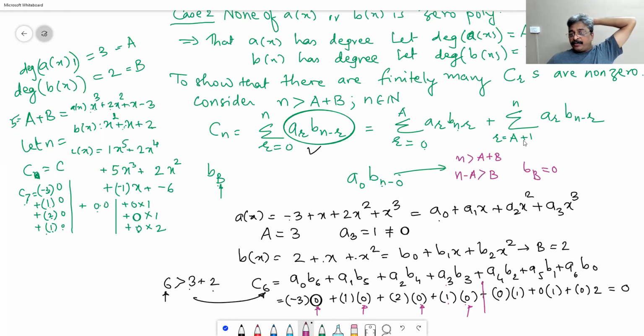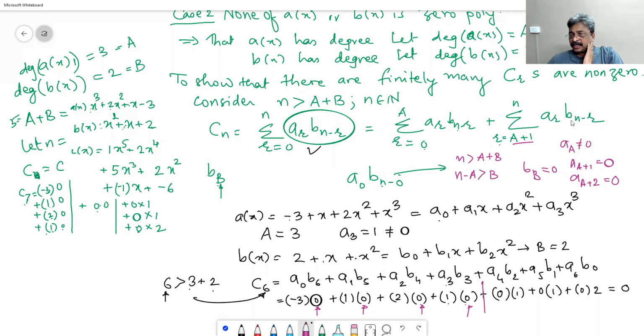The moment we take r greater than A plus 1, the highest non-zero term in polynomial A is a_A. This is non-zero. Everybody after capital A is equal to 0: a_(A+1), a_(A+2) is equal to 0, and so on.